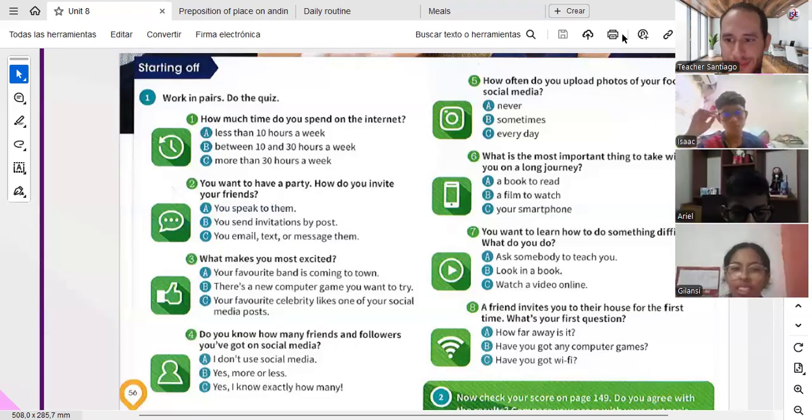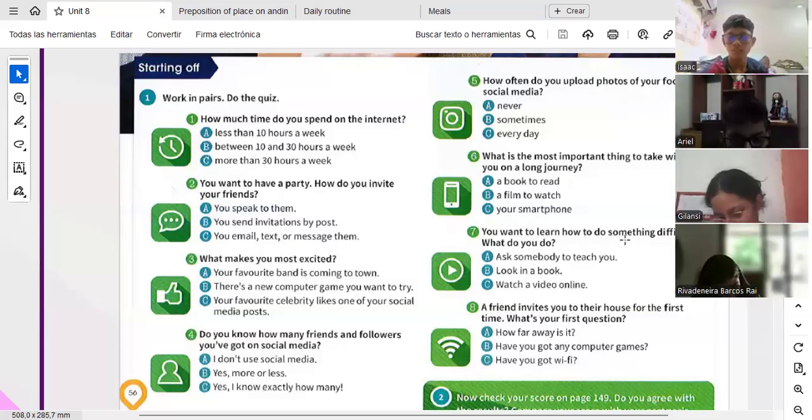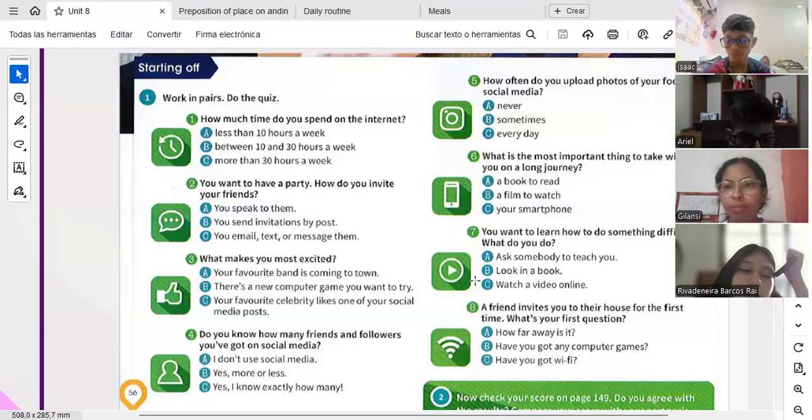Letter B, invitation by post. Okay, cool. And Fiorella, last one, please. You're the last but not the least. Letter C. You email, text, or message them. I agree with you. Okay, let's check another one.